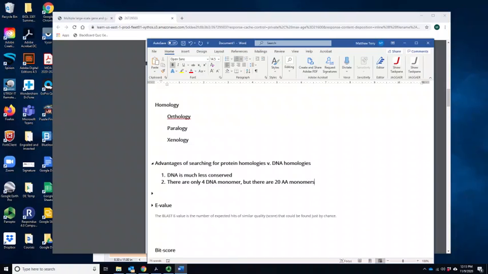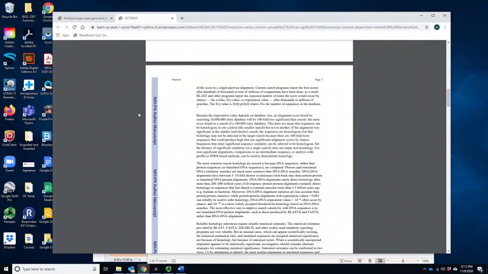And so because of that, you have a 1 in 4 chance of a random mutation causing convergence, causing a duplicate. There's just more that can occur by chance at the DNA level than at the protein level, just because of the number of monomers. So for those 2 reasons, it's much, much better. In fact, you always look for homology between genes using the protein sequence and not the DNA sequence, okay?